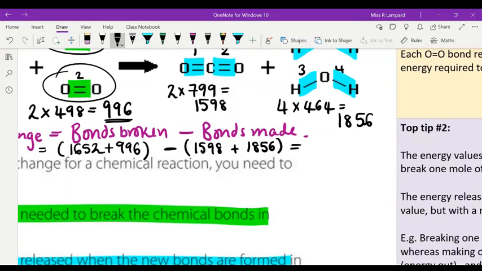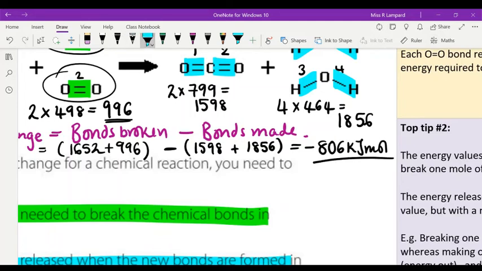So if I do the following, and if you'd like to follow and make sure you're getting the same answer, always checking for calculator error, gives me minus 806 kilojoule per mole.